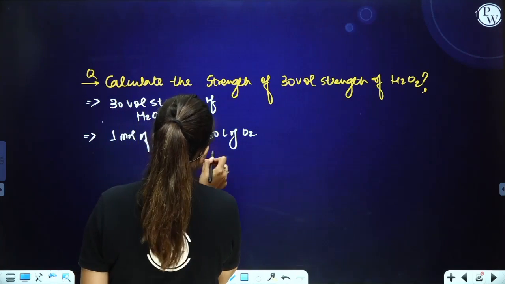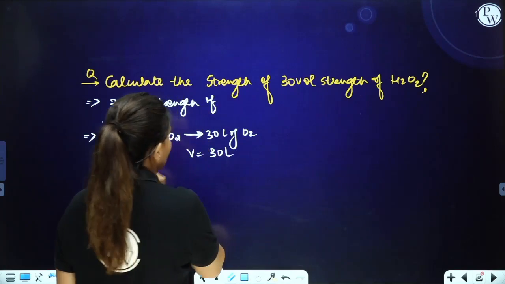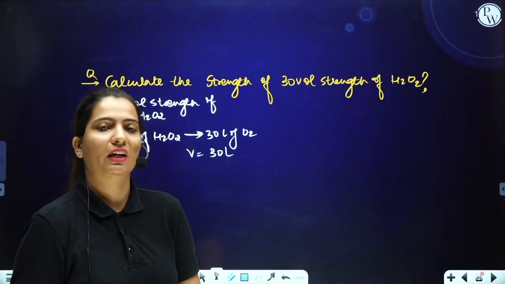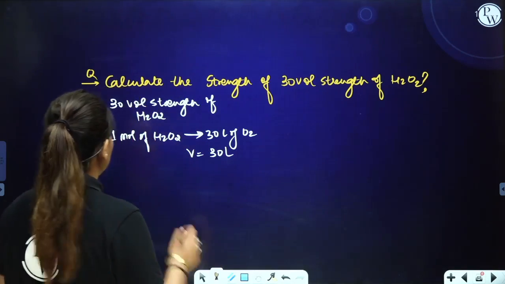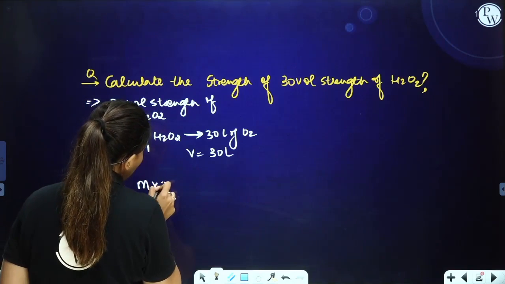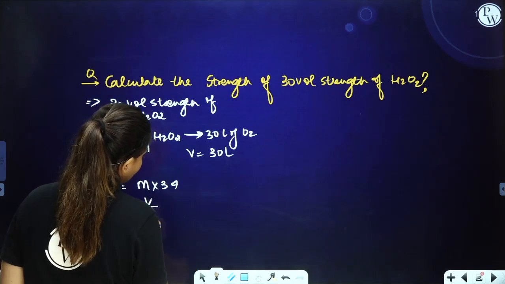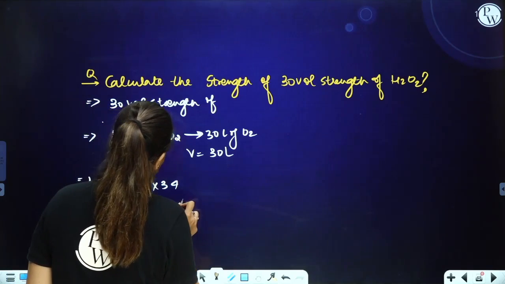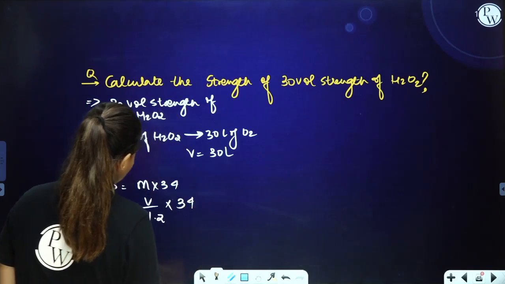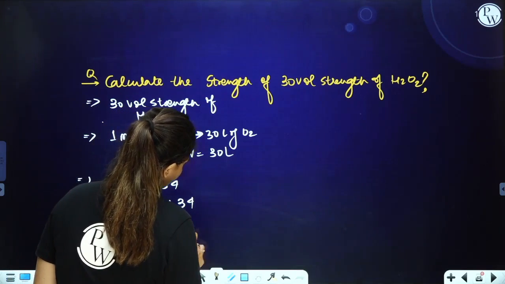That means this is the value of V. So 30 liter is the value of V present over here. Now you need to calculate the strength. So strength, you have molarity into molecular weight, which is M into 34. So molarity was V by 11.2 into 34. So it is 30 by 11.2 into 34.